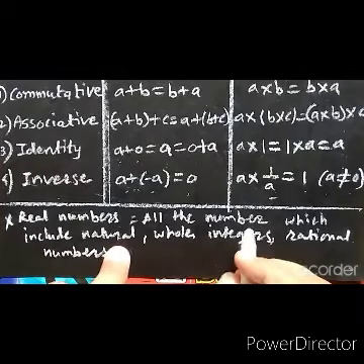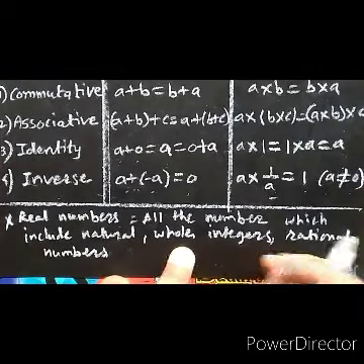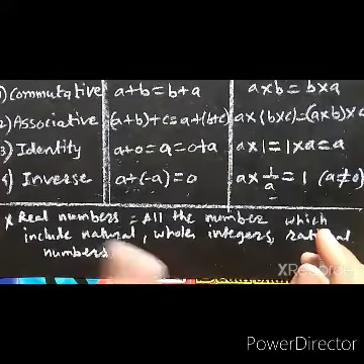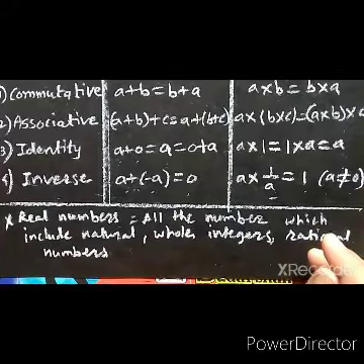So all the numbers which include natural numbers, whole numbers, integers, rational numbers, all these numbers are called real numbers.